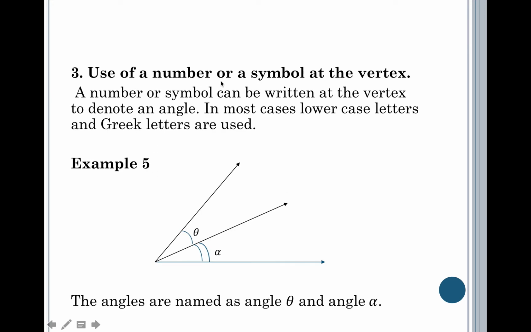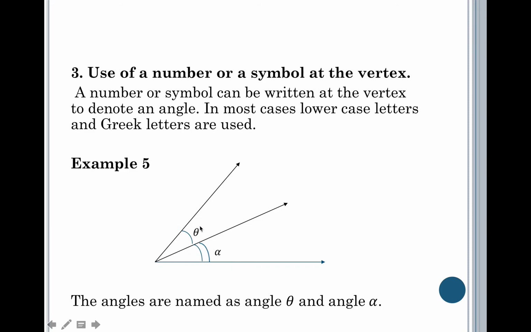Use of a number or a symbol at the vertex. Sometimes when we don't want to give out numbers, we'll use a symbol. So we have this symbol here, and we have this symbol here. If we're talking about this symbol, we would say angle that. I forget what their names are. I think this is omega. But we give them names.